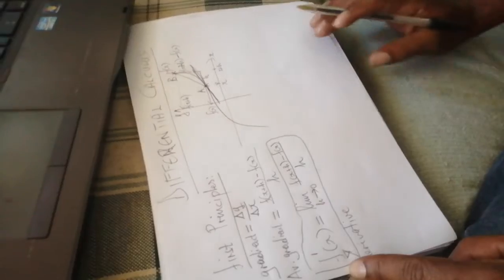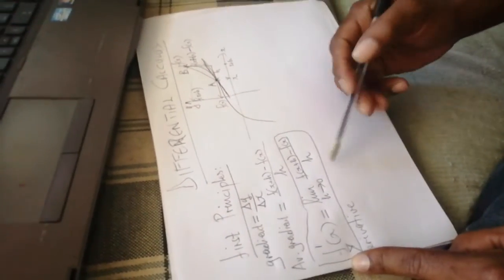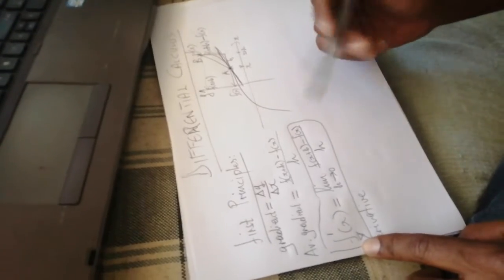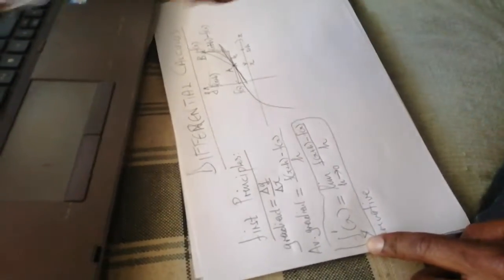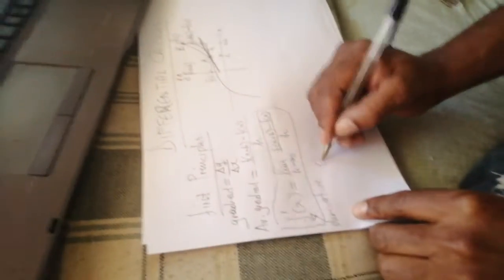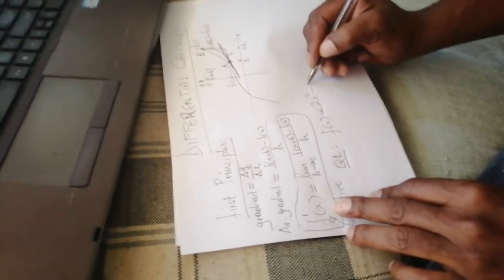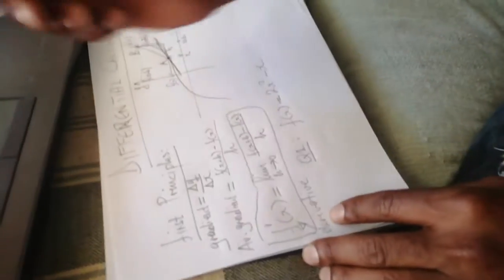Now, I want us to illustrate this through the examples that I requested you to do. Okay, question 1 had the function f of x is equal to 2x squared minus x, and you were to determine the derivative f dash x from first principles.